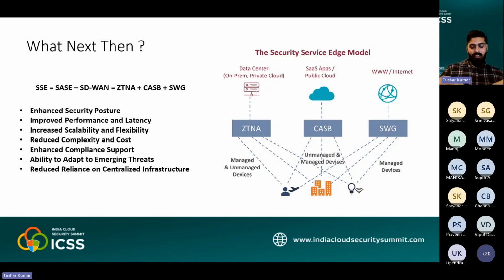So with all these, what makes the SSE is a very simple thing, I'll say. We are just removing an A from that, and we are calling it an SSE. So this is a new byproduct of SASE. What it gives you is an enhanced security posture over the traditional VPNs.